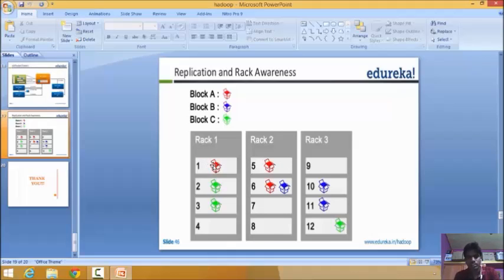We have a data node in Hyderabad, one in Mumbai. It's not necessary that the two copies of data belonging to the same input have to be in the same rack. They can be in different racks. So this is the conclusion of today's lecture.